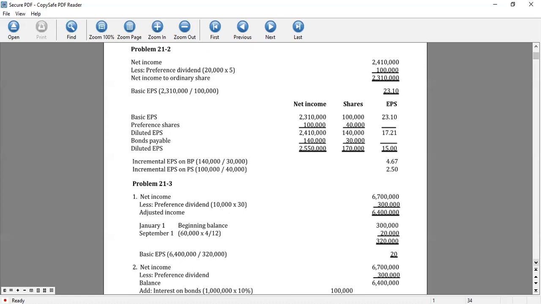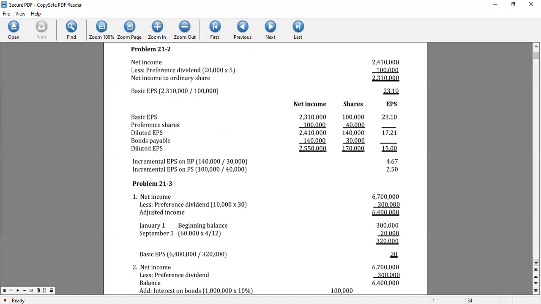So giving us the net income after interest or after income tax equal to 140,000. So in other words, the bonds payable here, as stated, in addition to 10% convertible bonds payable in the face amount of 2 million.